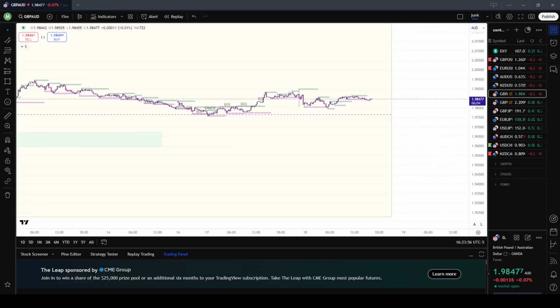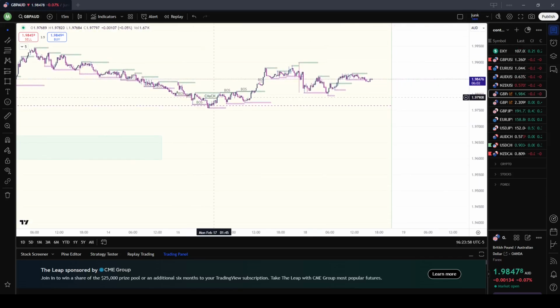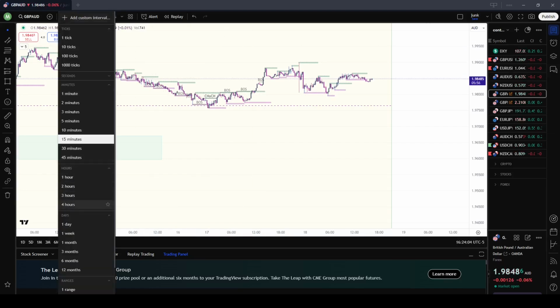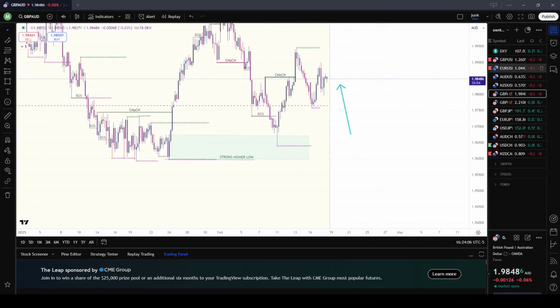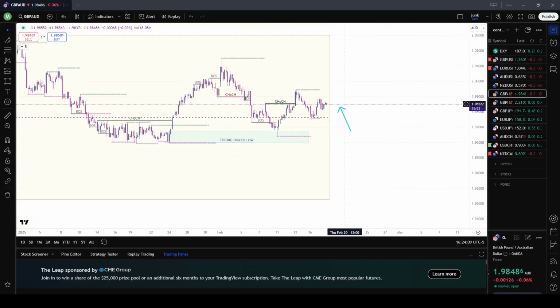So once it started changing character and breaking structure, look for an opportunity when the bulls fully stepped back in and started pushing forward. But I was anticipating this move from this demand zone to continue and break past the highs.